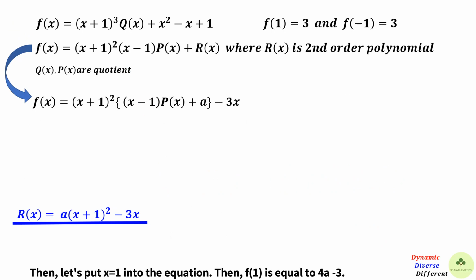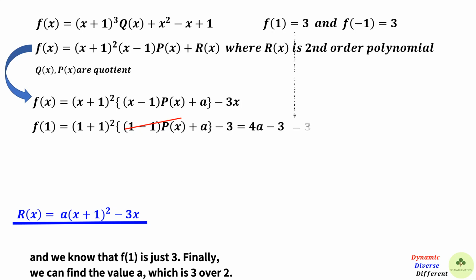Let's put x equals 1 into the equation. Then f of 1 is equal to 4a minus 3. And we know that f of 1 is just 3. Finally, we can find the value a, which is 3 over 2.